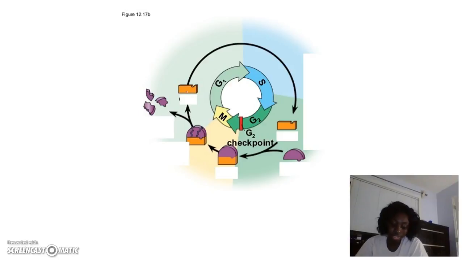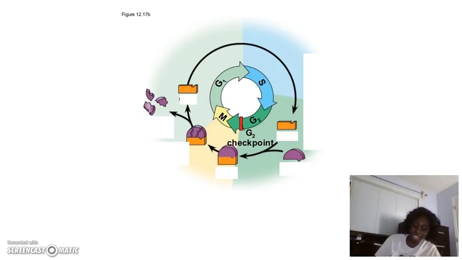So CDKs are activated when they are bound to cyclins, and cyclins are another family of proteins that undergo constant fluctuation throughout the cell. So their numbers are always depleting and increasing at several different intervals, and they are created and degraded repeatedly, so the availability in the cell varies.